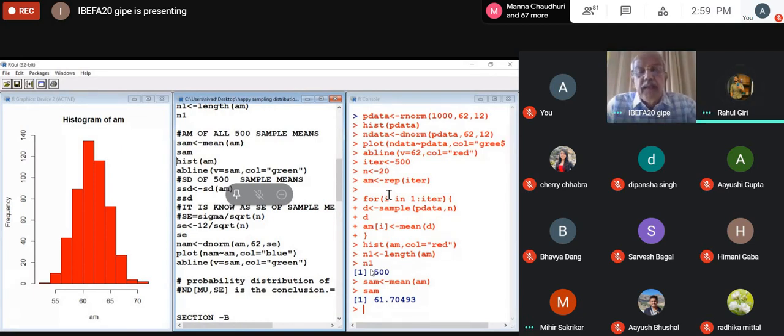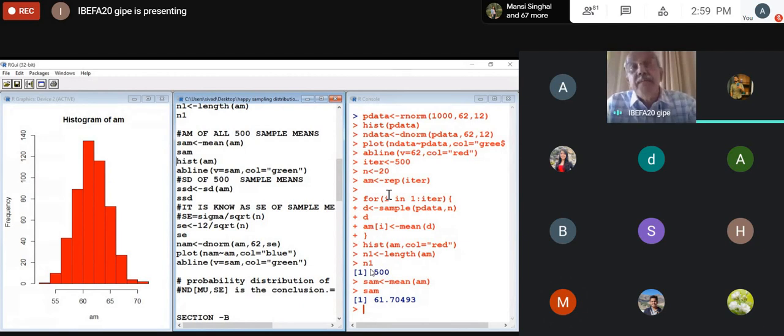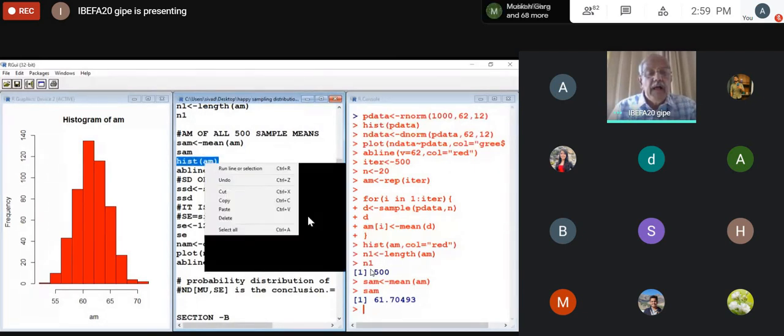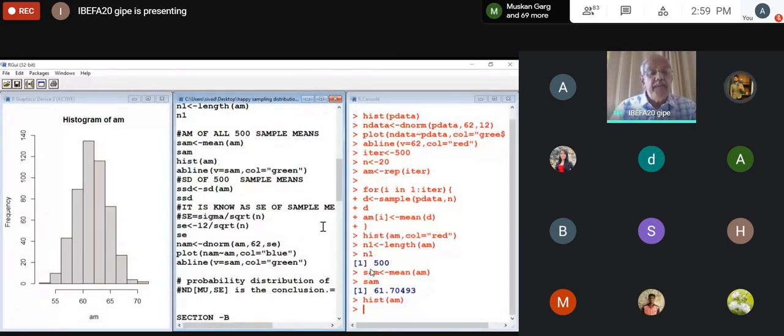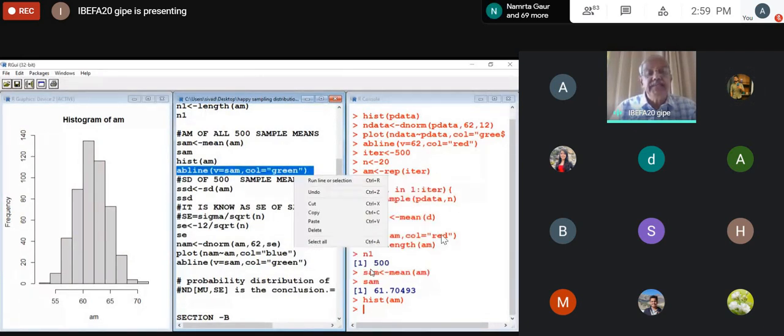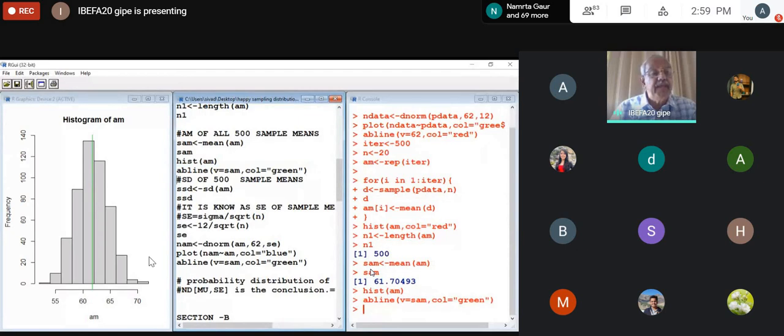Here the sample mean is on the x-axis, whereas earlier marks were on the x-axis. So all the 500 samples are behaving like your original data. This is the sample mean, and this is the mean, 61.7, in green color.